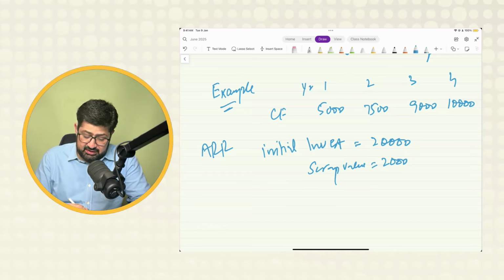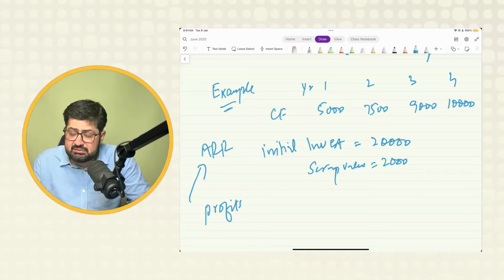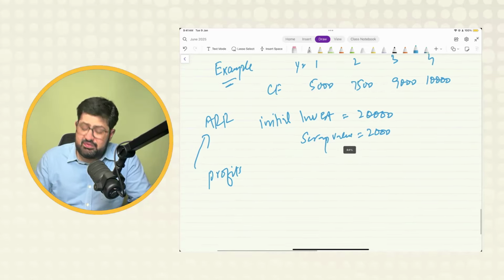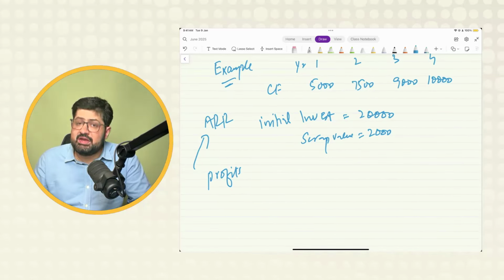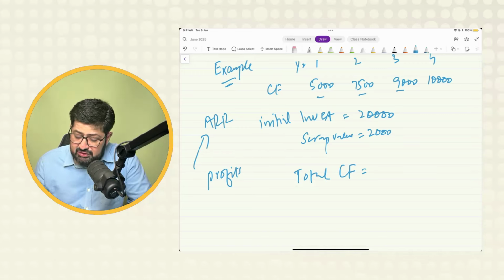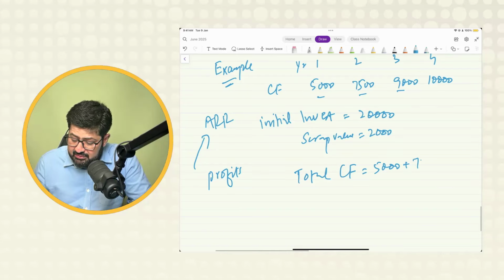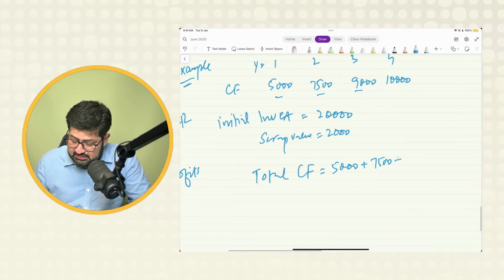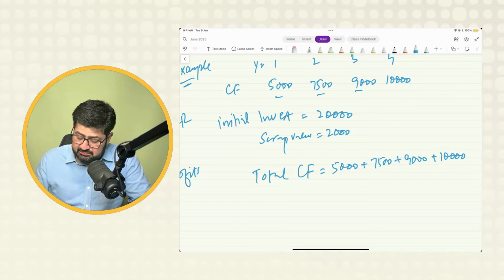Now we need to calculate profits to calculate ARR. How to calculate? Very easy way. We need to calculate total cash flows. Sum all these: 5,000 plus 7,500 plus 9,000 plus 10,000, 31,500.